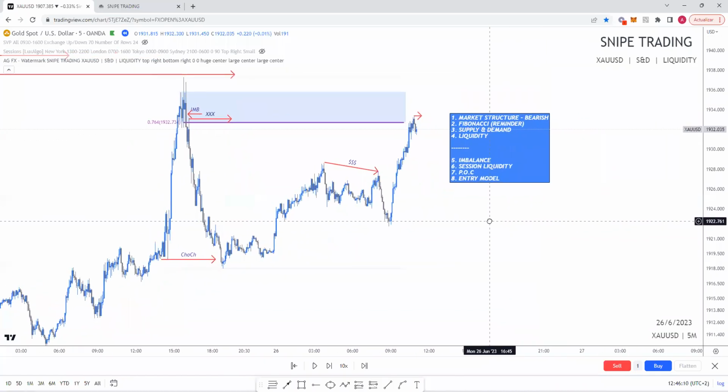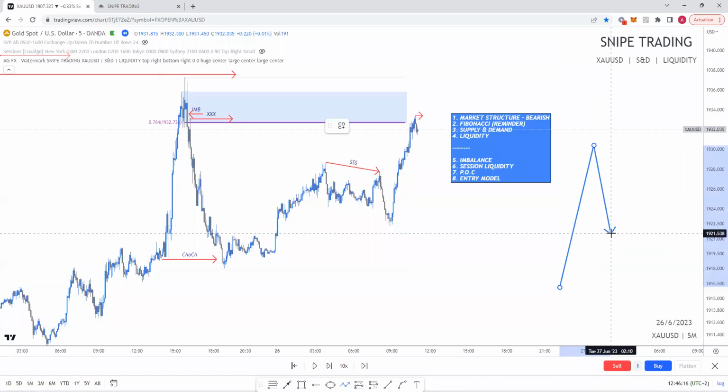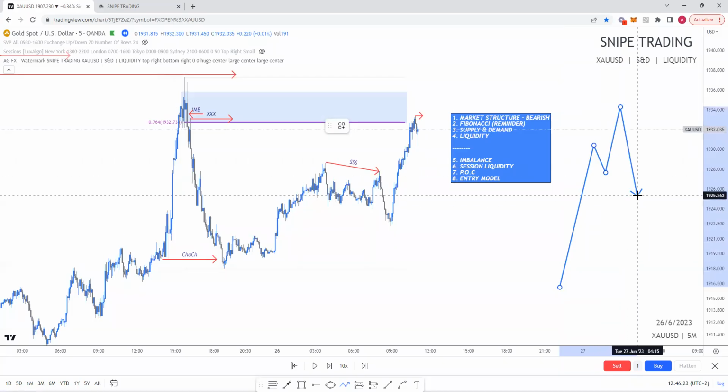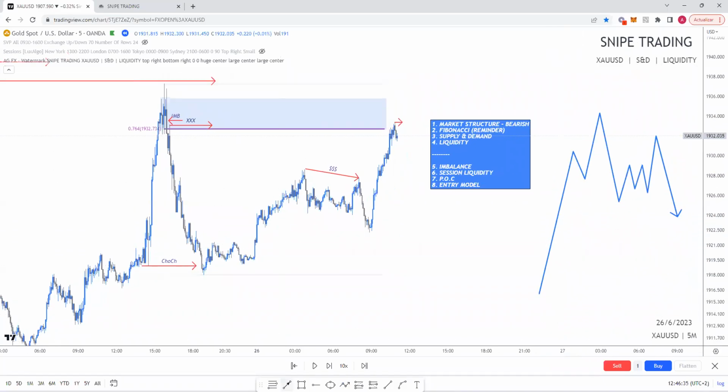Remember trend reversal 1, which is price creates a new high, does a change of character, creates some internal liquidity, takes out the internal liquidity to our premium price, then moves. So we could argue we had this entry model, okay?